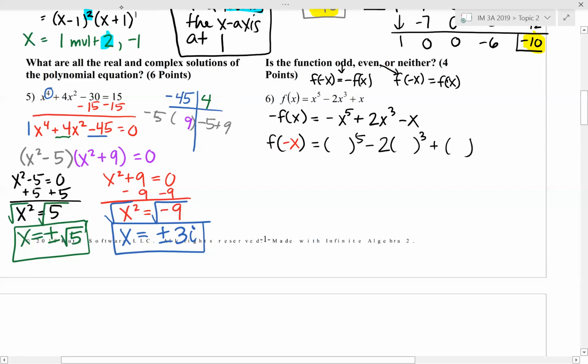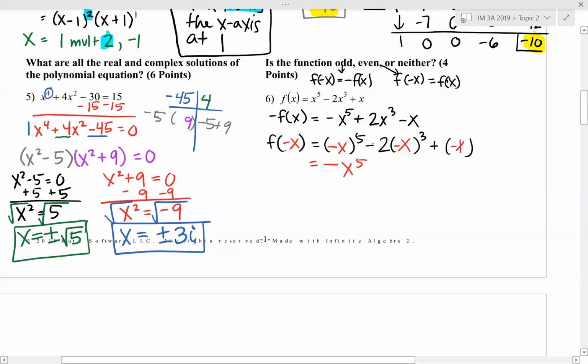And so what we're really thinking about when we do this is, is the sign going to change or cancel itself out? Remember that when my power is odd on a term, it's going to result in a negative sign. So if I have negative x times itself 5 times, that's going to be negative x to the 5th. If I have negative x cubed, that's also going to change the sign.